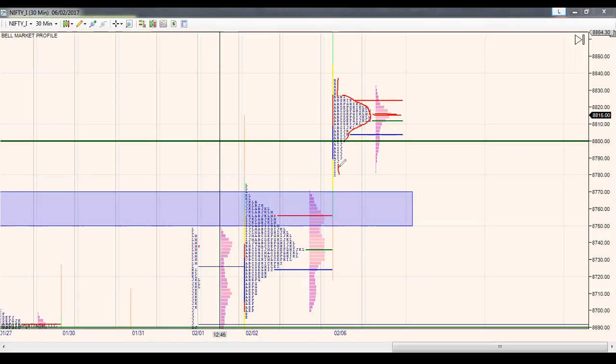The only thing which can be taken out from this is this failed auction or failure of the prices to continue higher after the initial P formation. That tells us that buyers may not be that eager to take the prices up.